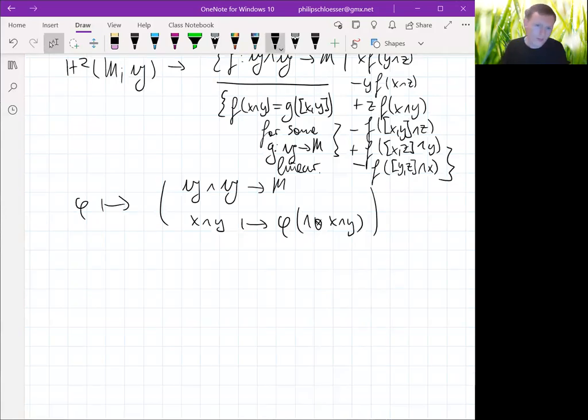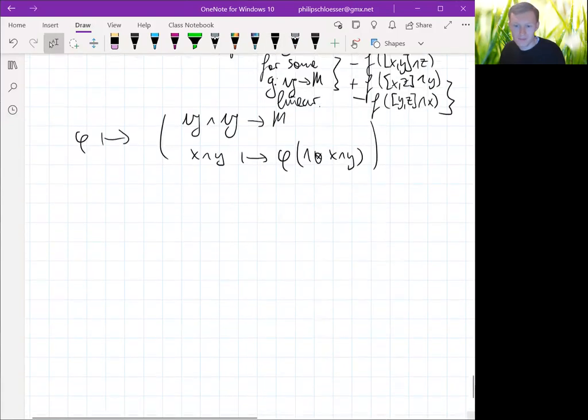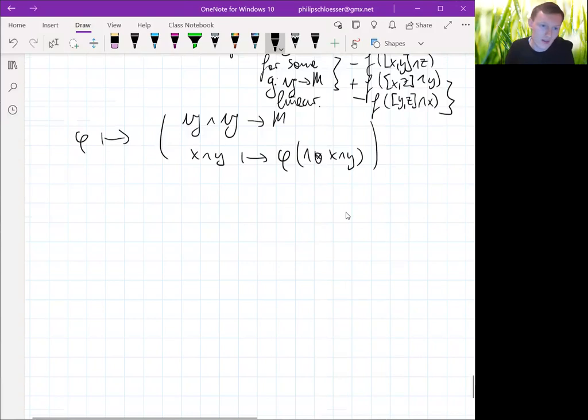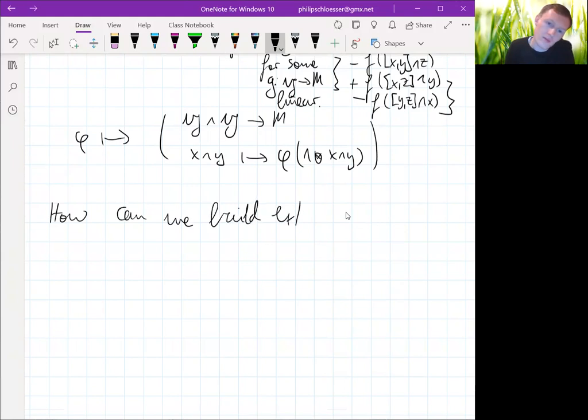Now the central question is, in what way does this characterize extensions? Or I guess, how can we build extensions using such a thing? So now we define the cocycle direct sum.